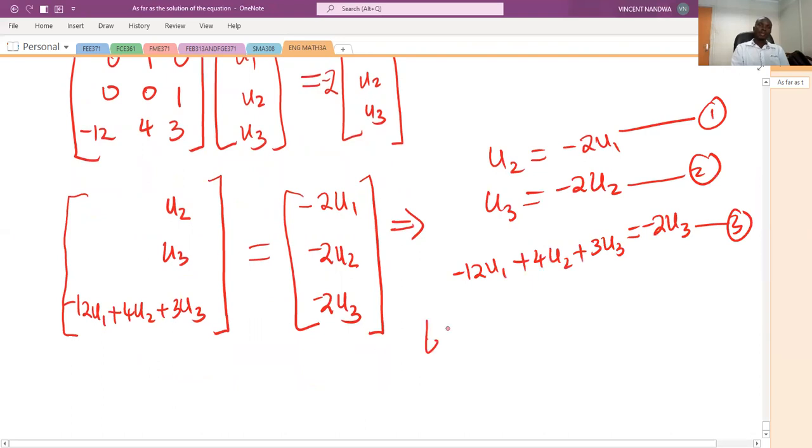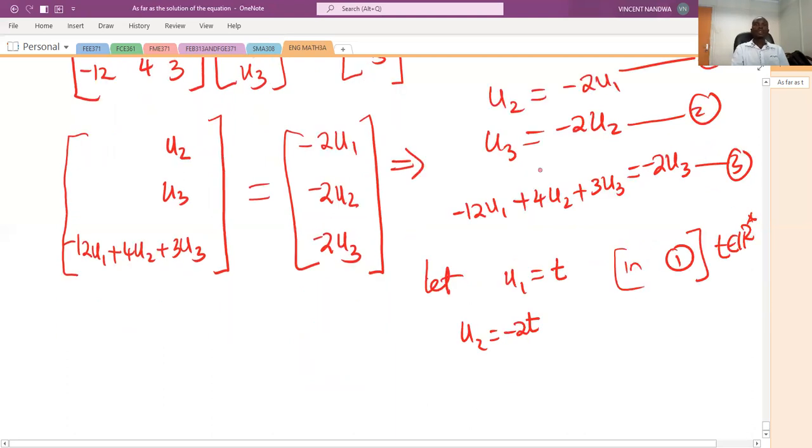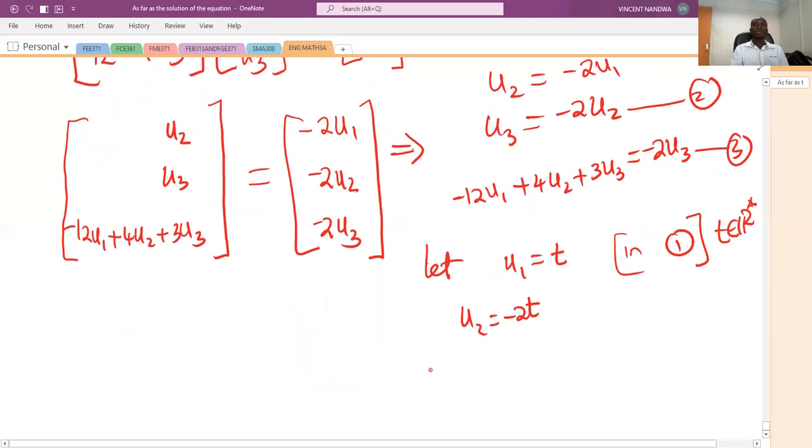So if we let u1 to be t in equation 1, where t is any non-zero real number, then u2 would be minus 2t. And using that value in equation 2, u3 will be given by minus 2 times minus 2t, which is 4t.